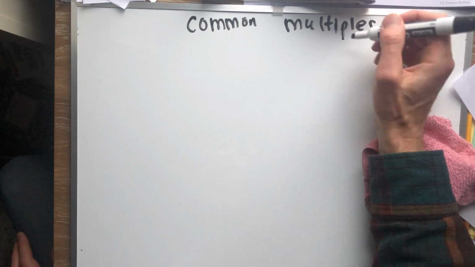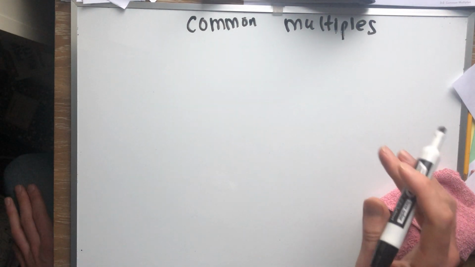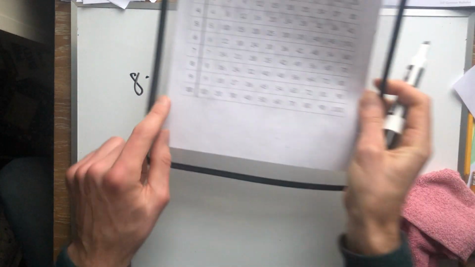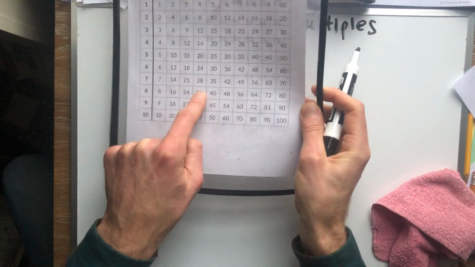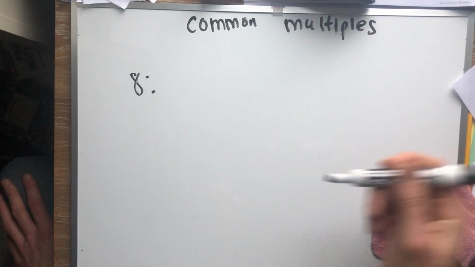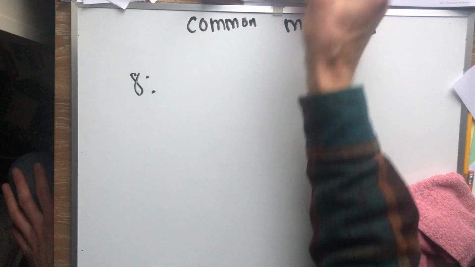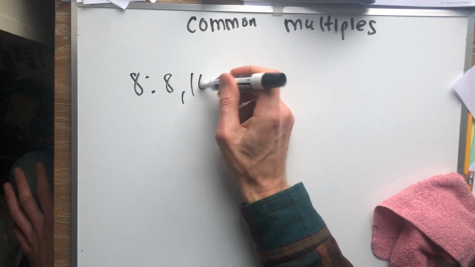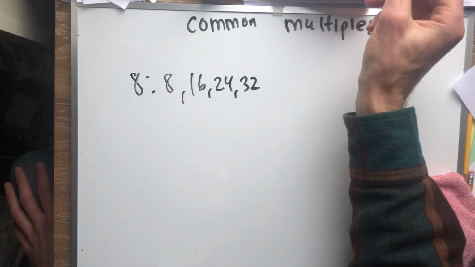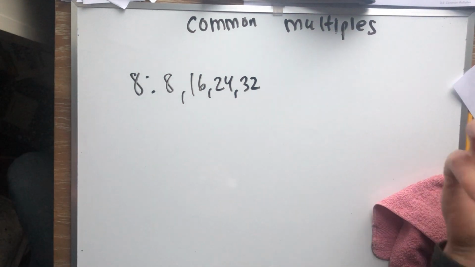Let's see. Here it says list the first 8 multiples of 8. Well, if you don't know them by heart, just look at your list. 8, 16, 24, 32, 40, 48, 56, 64. And then it says, which of these are also multiples of 6?